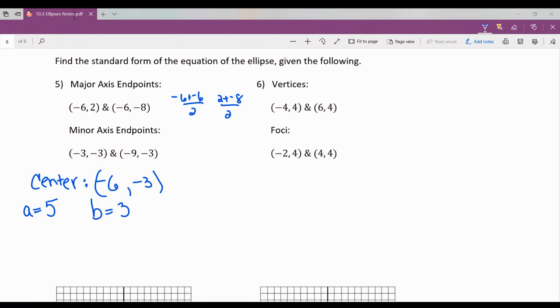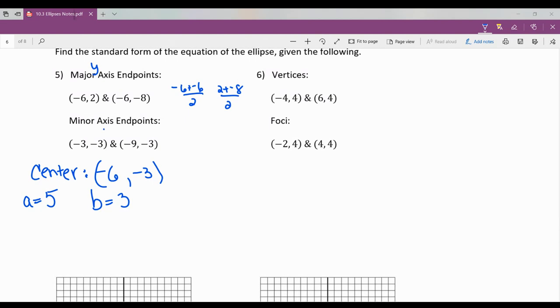Okay. Now I want to know what's my major and what's my minor in terms of variables. When I look at my major, my y's are changing, so my major axis is going to be y. My minor axis, because my x's are changing, is going to be x.